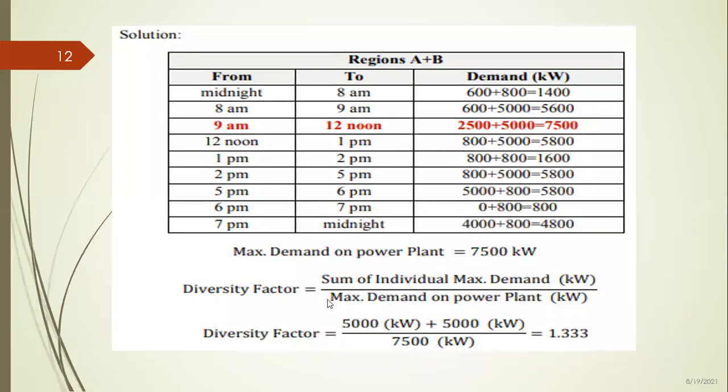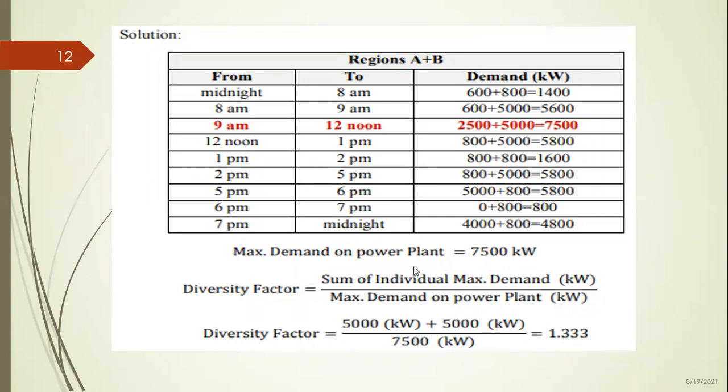Now directly applying the formula, the diversity factor is the sum of the individual maximum demands divided by the maximum demand on the power plant. The individual maximum demands are 5000 for region A and 5000 for region B, divided by the system maximum, 7500. It gives you the answer 1.33.